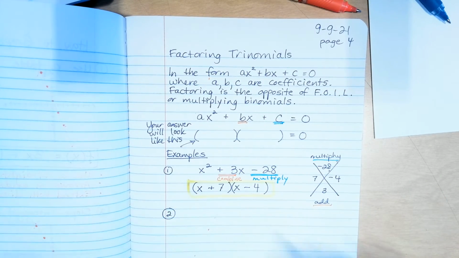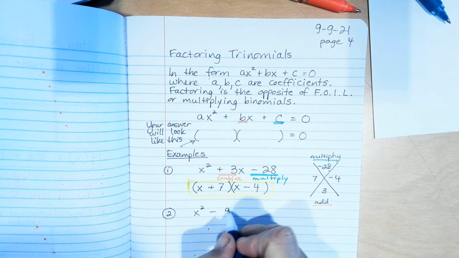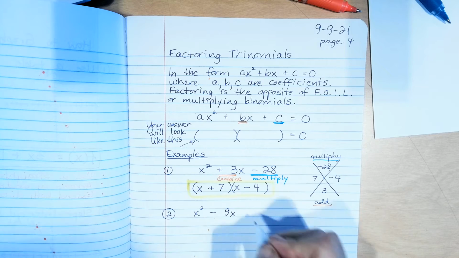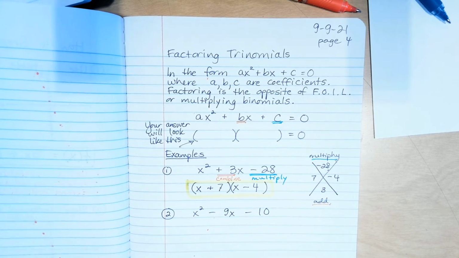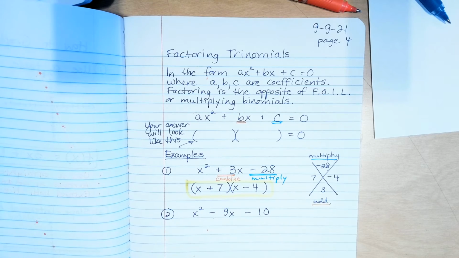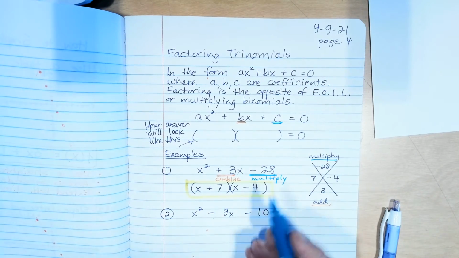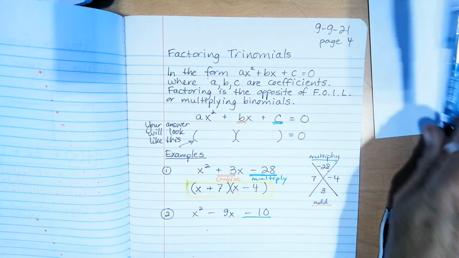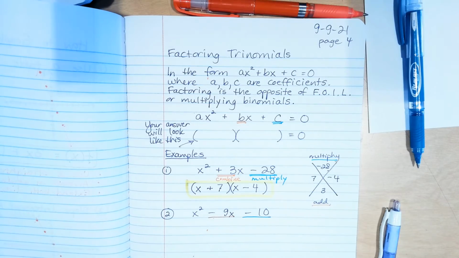Second example. X squared minus 9x minus 10. Okay, so same thing. We want two numbers that will multiply to give us negative 10, but when we combine them together we get negative 9.